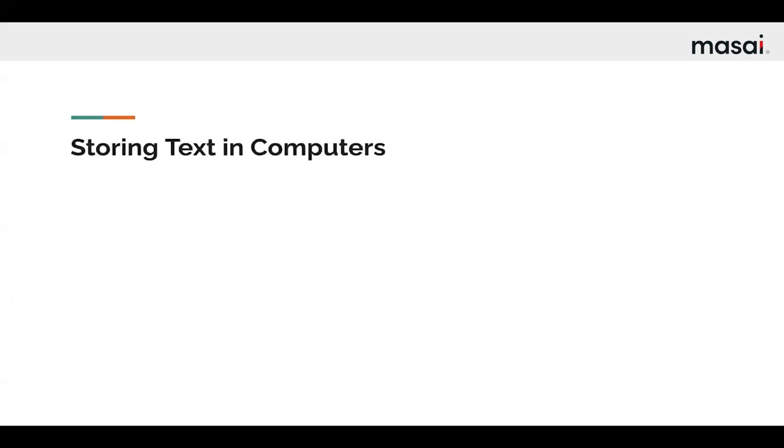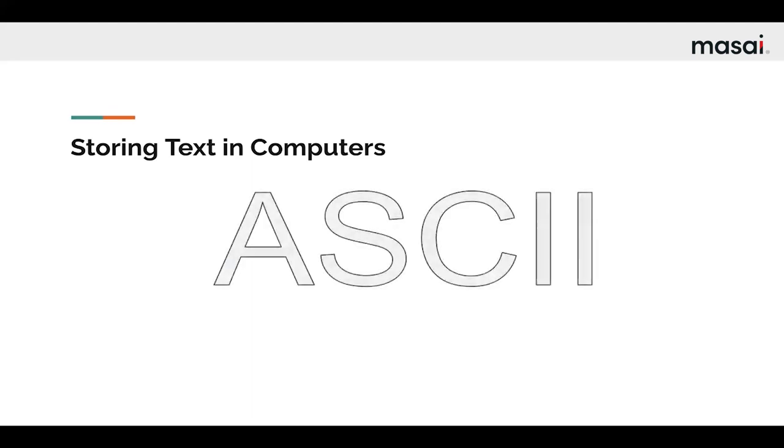Now, storing text in computers, if you look at it, is just that we have to give every character a number such that the same number can be represented in binary format and stored. And that is where the ASCII format comes in. The full form of ASCII is American Standard Code for Information Interchange.